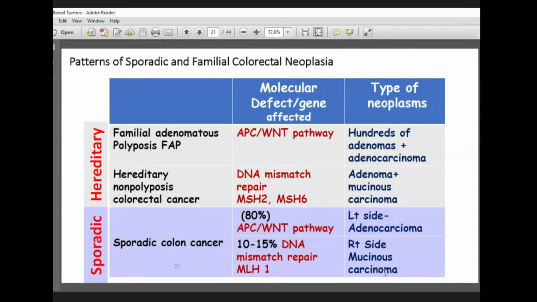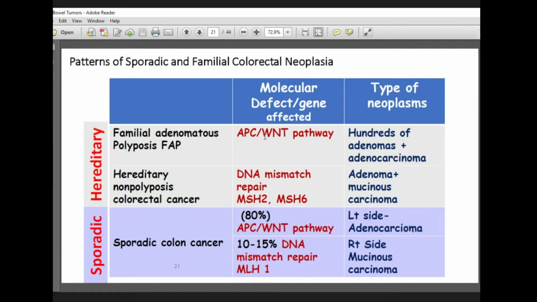Understood this slide clearly? Yes, doctor. The same genes are involved in both, the hereditary and the sporadic. FAP: adenoma, adenocarcinoma. DNA mismatch repair, MSH2, MSH6: adenoma, mucinous carcinoma. In sporadic cancer, 80% of the time it is APC, left-sided adenocarcinoma.